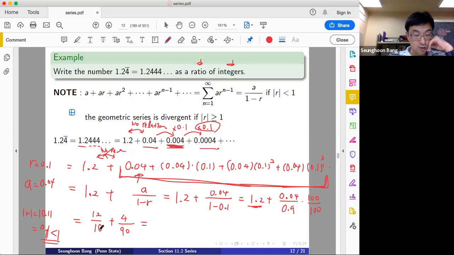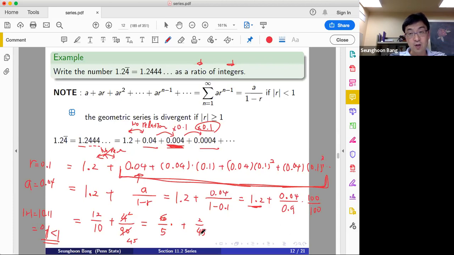So you have to simplify more. 12 over 10, only cross out 2, we have 6 over 5, plus the 2 is crossed out, 2 over 45. Next, you can find a common denominator of 5 and 45.